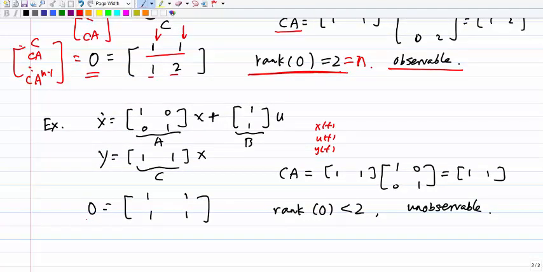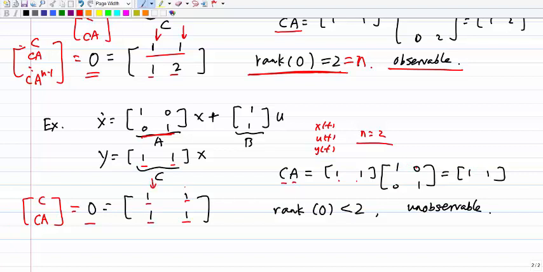We compute the observability matrix O, which is C and CA, because n here is 2. C is [1 1], put over here, and C times A is [1 1] times A, where A is [1 0; 0 1], and the product is just [1 1]. So we put [1 1] over here.